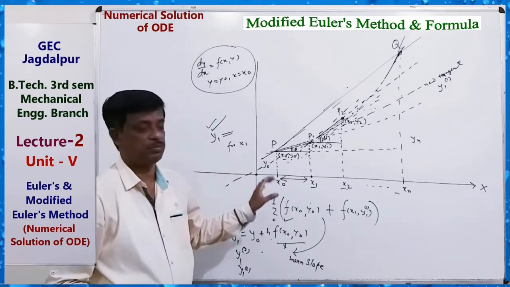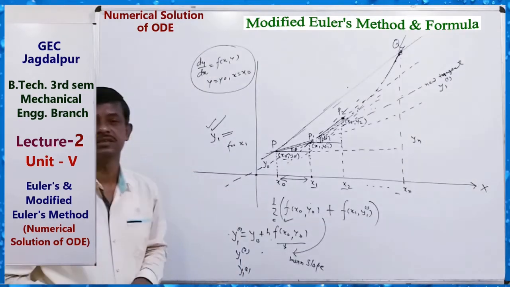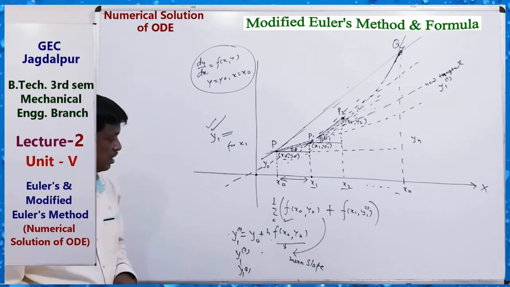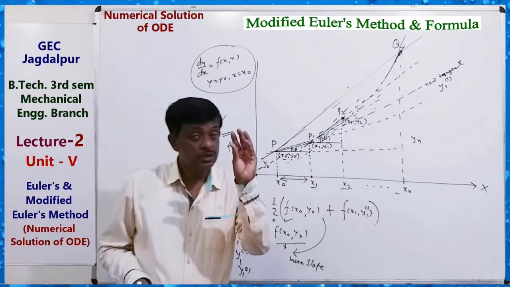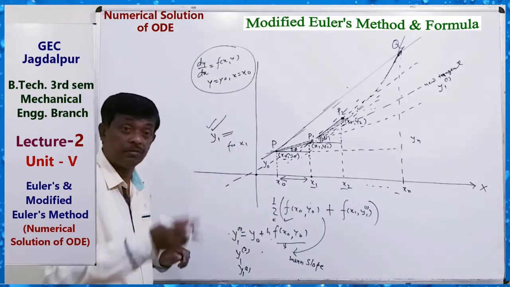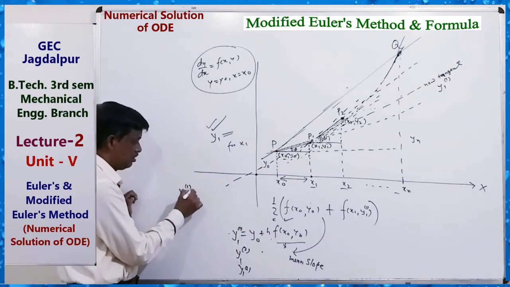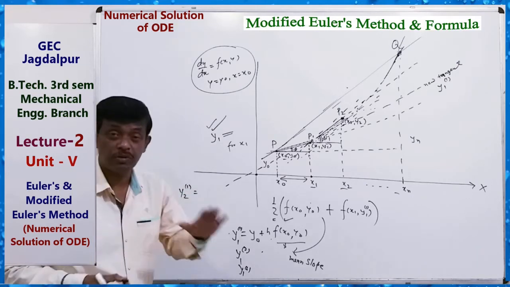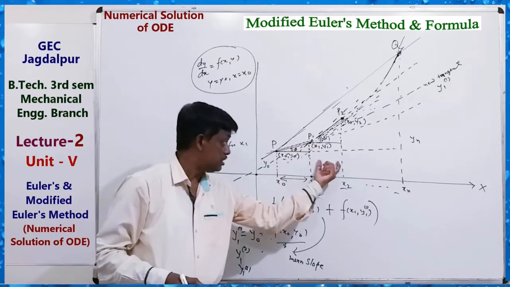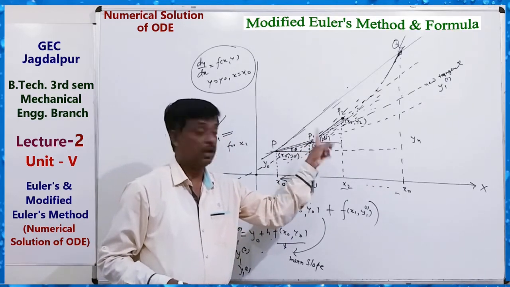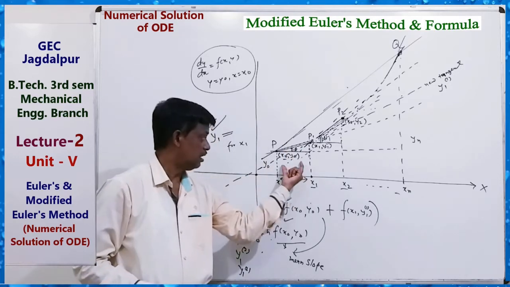The same process is applied for this interval also. The formula changes as follows. First stage, use Euler's formula for finding the first approximation y2(1). Euler's formula means just take the first value. For this interval, the first value is this, and y1 is taken from the previous interval.